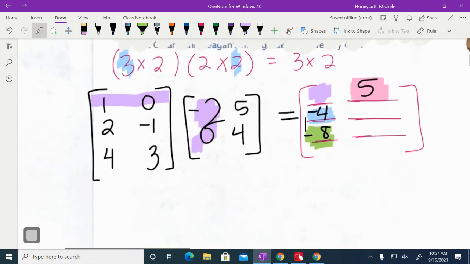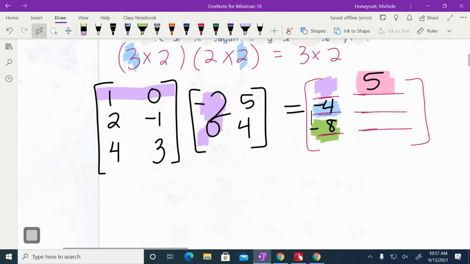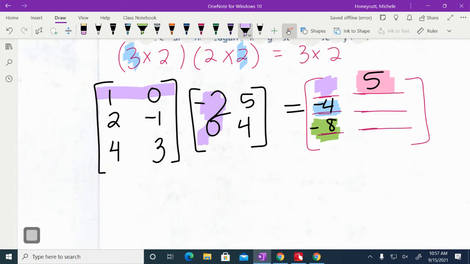So for element 1, 1, I multiply row 1, column 1. So I would do negative 1 times negative 2 plus 0 times 0, which is negative 2 plus 0, negative 2. Did you get negative 2? Okay.